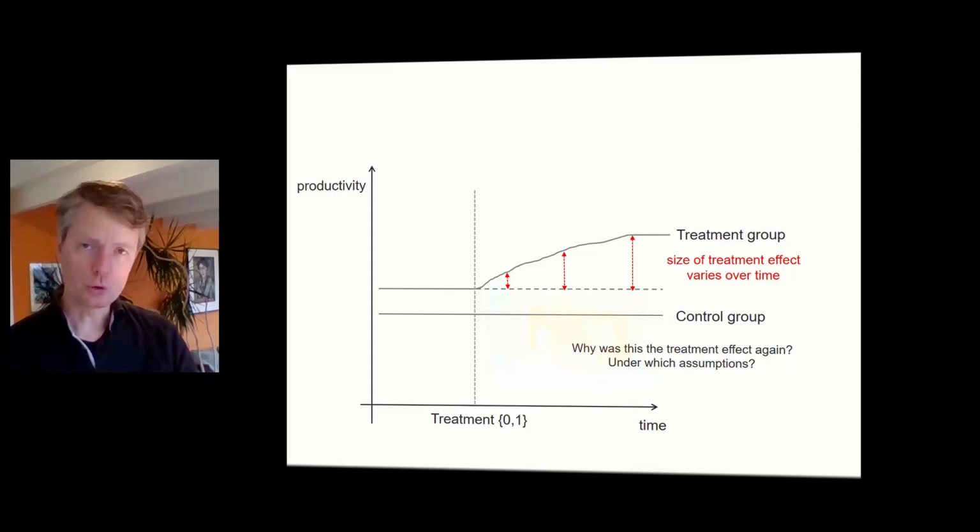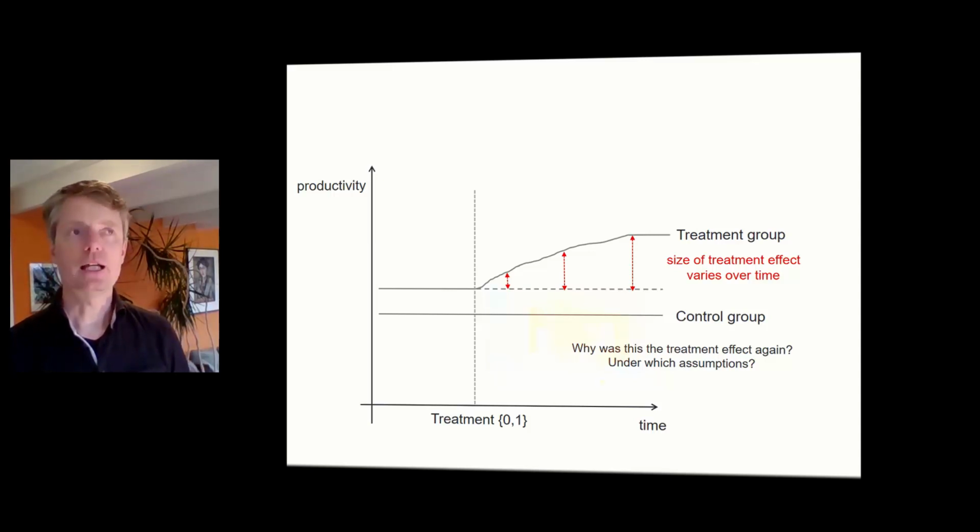And there's two important assumptions that should be met before we can actually go through this exercise. First of all, there should be common trends pre the start of treatment. Well, that's what we see, the productivity is stable. And secondly, something that we cannot see is that no other policies were instituted around the same time.